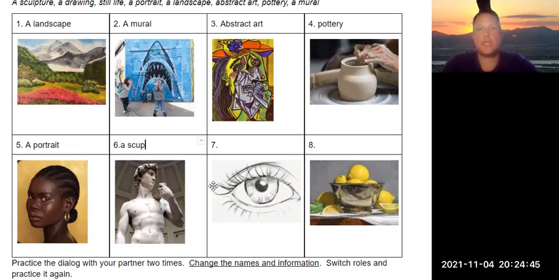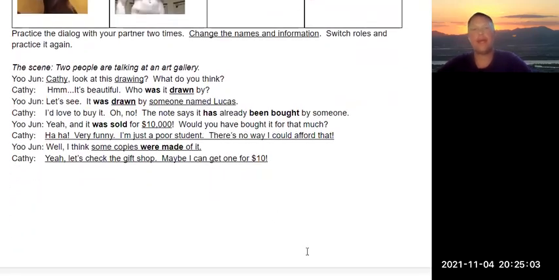It's a sculpture. And what's number seven? It's a drawing. What's number eight? It's still life painting. Good.